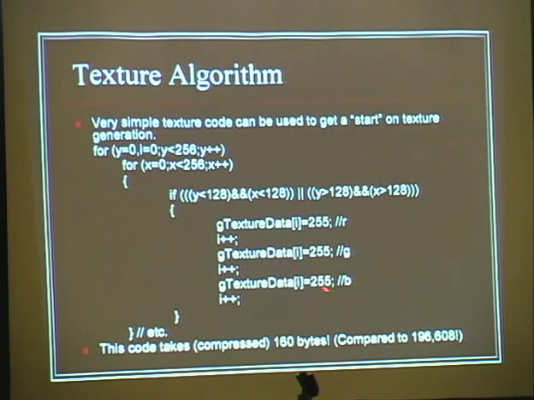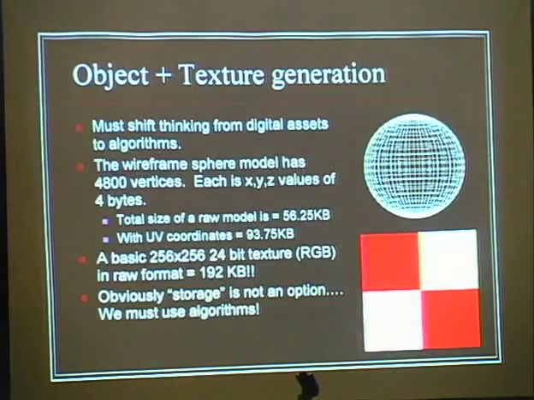So 255, 255, 255. And this code, albeit very simple, extremely simple code, is easily compressed, and it works out to be 160 bytes. So we can actually have a little program inside of an executable that takes 160 bytes to create that bitmap.